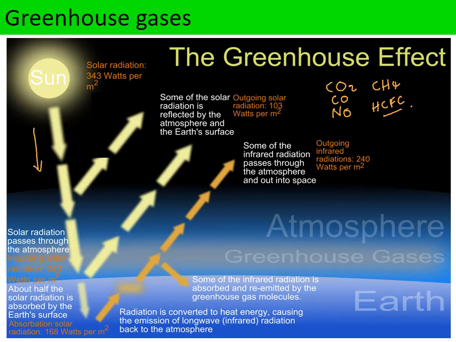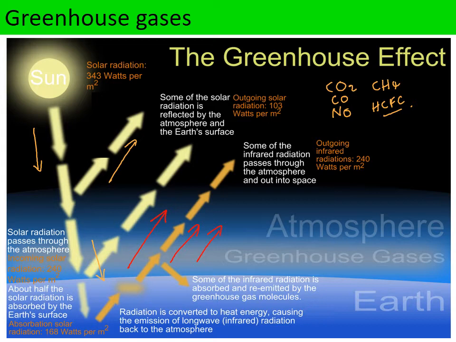Some of this will be reflected by the ozone layer and the atmosphere back into space. Some of the solar radiation does penetrate the ozone layer and the atmosphere, and it does reach the Earth's surface. Some of this energy is absorbed by the Earth's surface, which maintains a certain temperature, and some of the energy will be emitted as infrared radiation away from the Earth's surface.